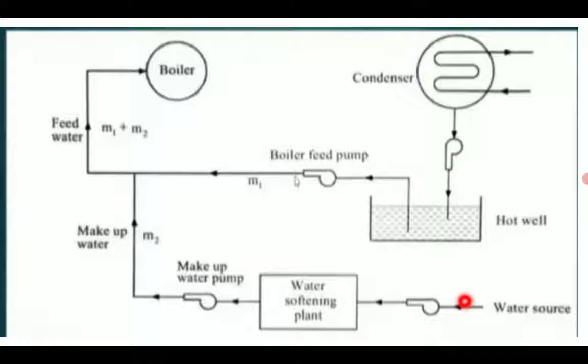So these impurities are fed to the water softening plant. This water softening plant will remove the impurities and the dissolved gases, that is the dissolved impurities in the water, and it also filters out any silica, etc., that is it will filter out the undissolved materials.